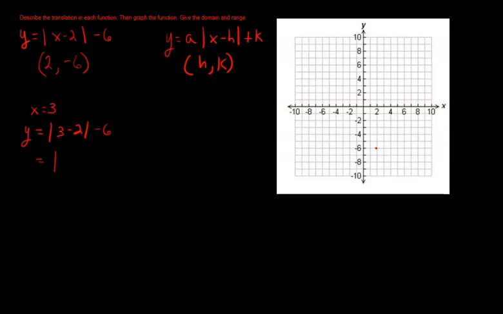So we get the absolute value of 1 minus 6, the absolute value of 1. That's the distance from 1 to 0, and it is 1. Minus 6 is negative 5. So again, we put in 3 for x, and we are getting out negative 5 for y. So that is the point 3, negative 5.